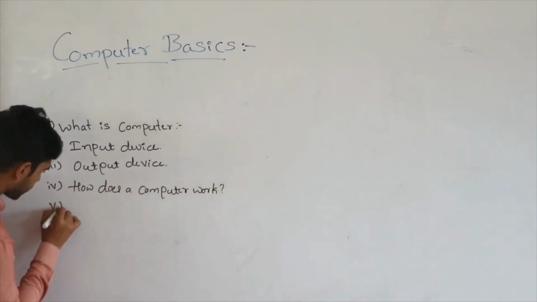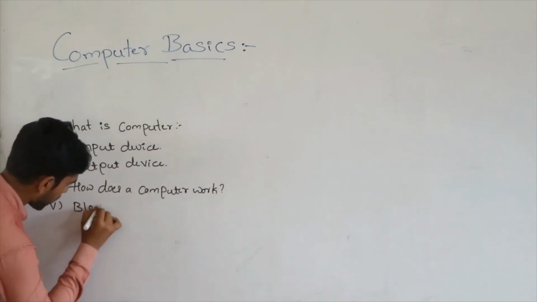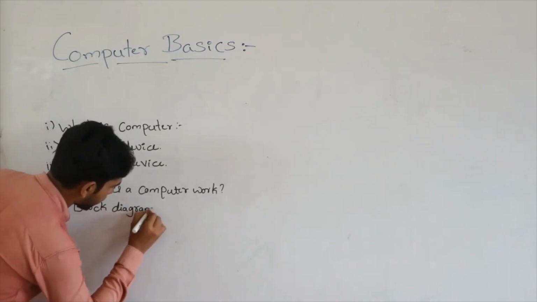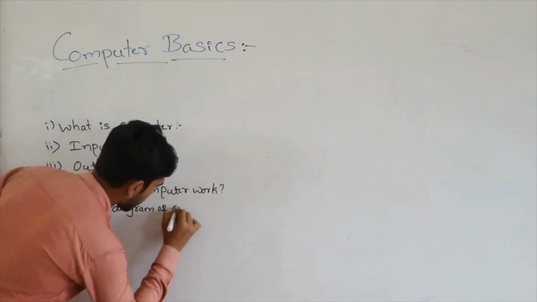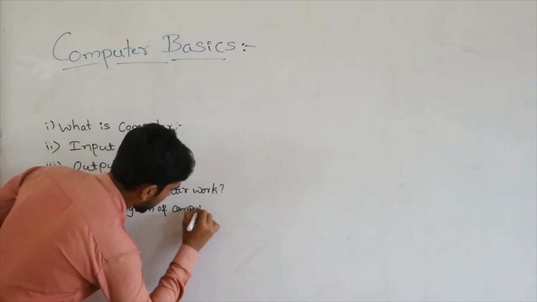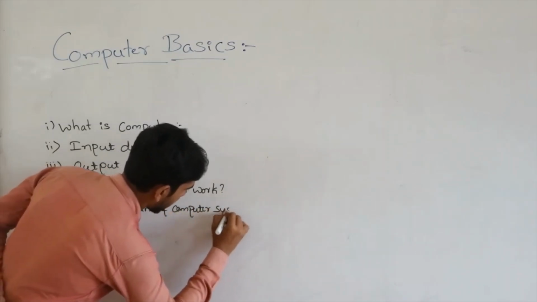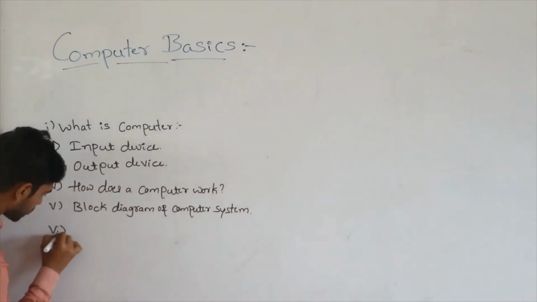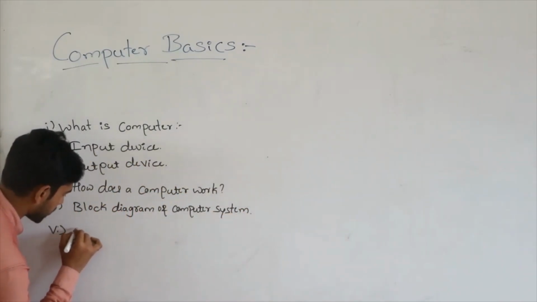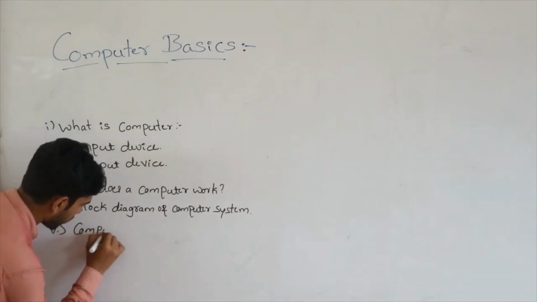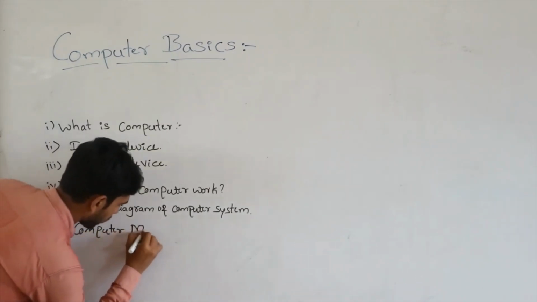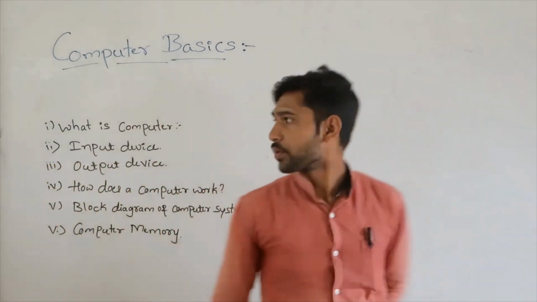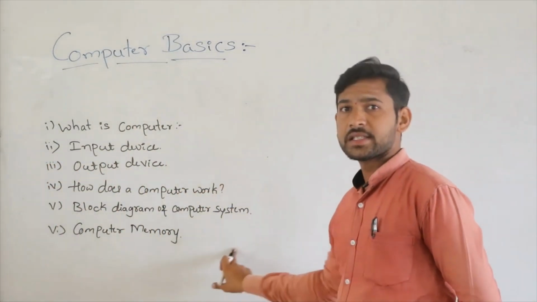And next, the block diagram of computer system, and the last one is computer memory. Okay, today I am going to discuss these six topics.